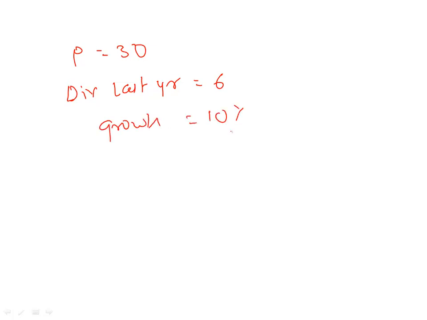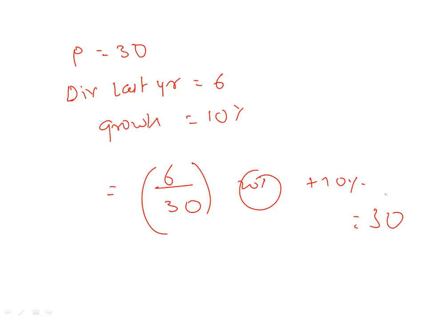If I tell you that the price of a stock is 30, dividend paid last year is 6 and growth rate is 10%. When you want to calculate this cost of equity, if you say 6 divided by 30, which is about 20%, plus 10%, and say cost of equity is 30%, this would be incorrect. Because this is the dividend which has been paid last year.